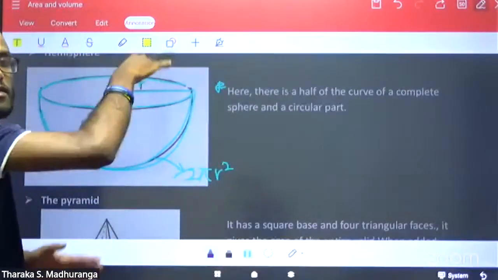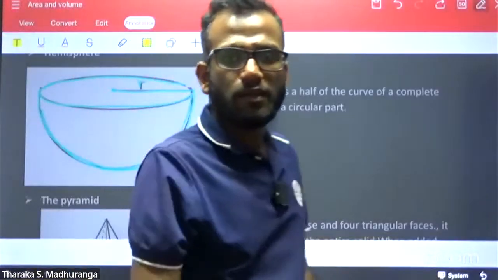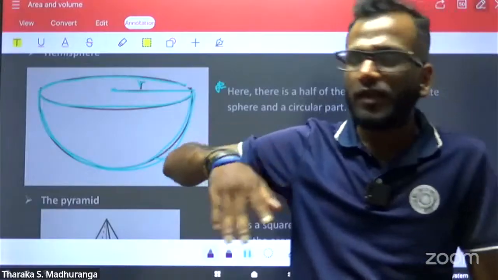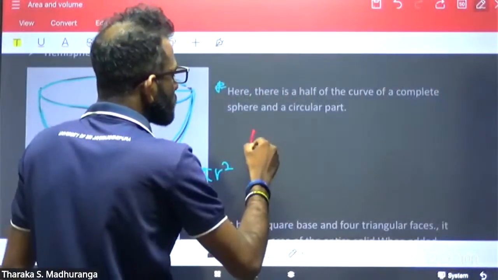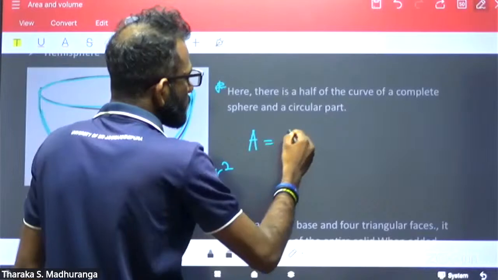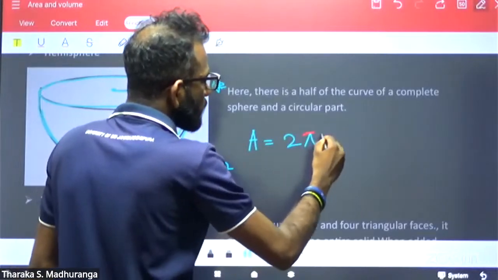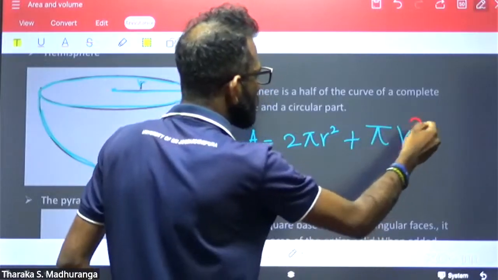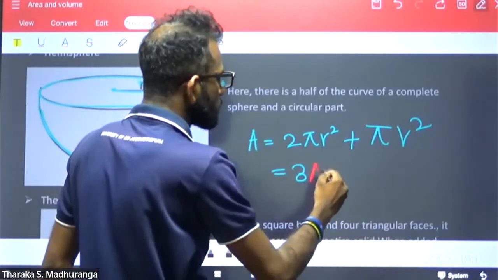But there is another circular surface. Then the total surface area equals 2 pi r squared plus the above surface pi r squared. It is 3 pi r squared.